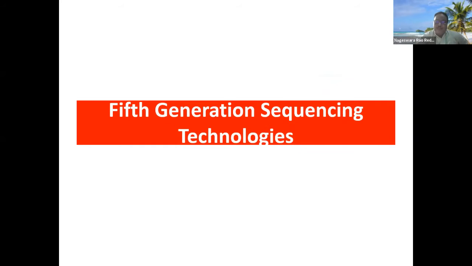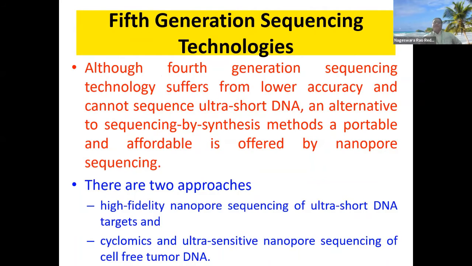Now we'll see the fifth generation. Okay, so the point we have to look at here is that in earlier technology there was a little bit lower accuracy when we sequence ultra short DNA sequences. Till now, from first to fourth generation, we have concentrated on sequencing large genomes or large DNA sequences.